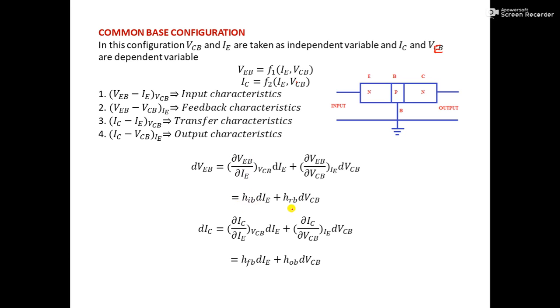This is the reverse voltage ratio, HRB, with common base. This is HFB, the forward current ratio with base as common. This is the output admittance, HOB, with common base.